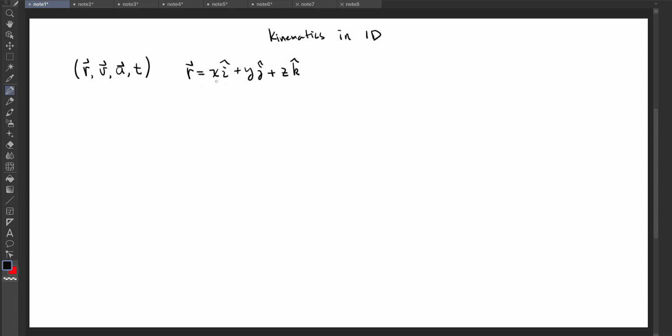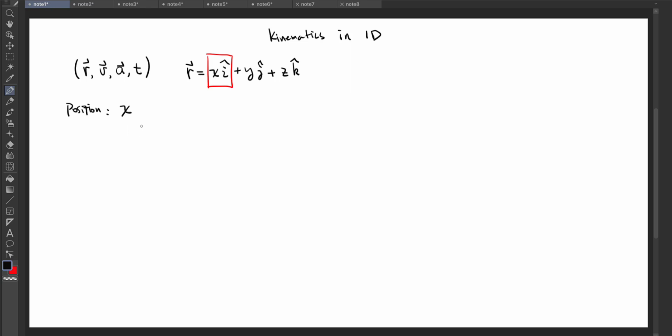These are the three independent components of the position vector r. But now we're confined in the 1D motion, so we just need this component. So it suffices to just talk about the position vector with the x component.